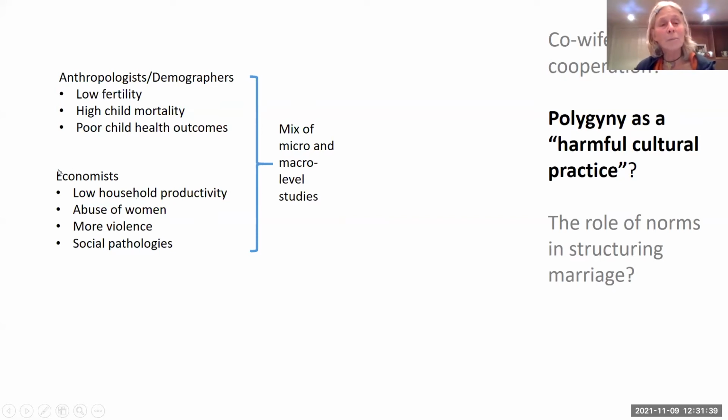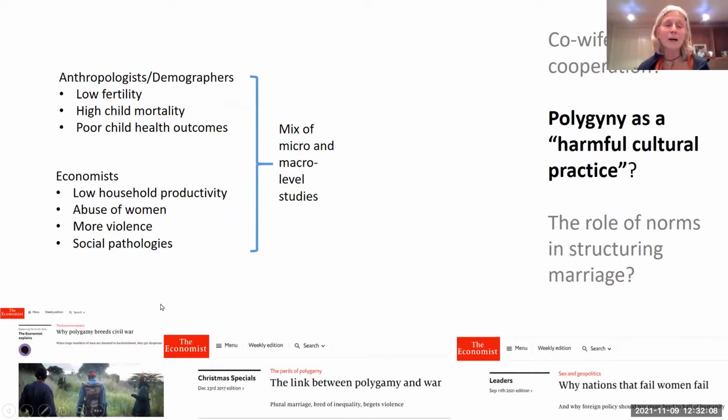And similarly, economists, although not in the work with Alessandra I've just shown, there's quite a lot of work to show lower household productivity, evidence of abuse of women in polygynous households, more violence in polygynous societies, and generally a whole array of social pathologies resulting, often, from the consequence of having young unmarried men around. And this is something The Economist has really gone to town with, very much expanding this narrative.